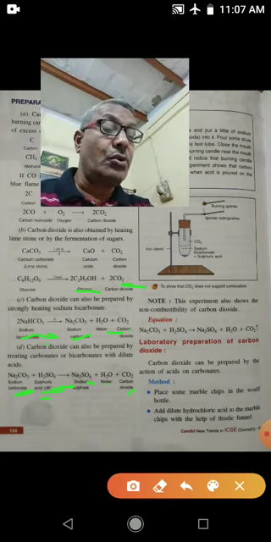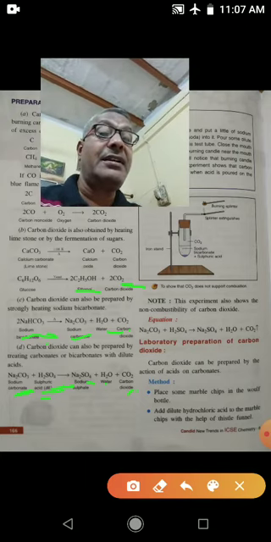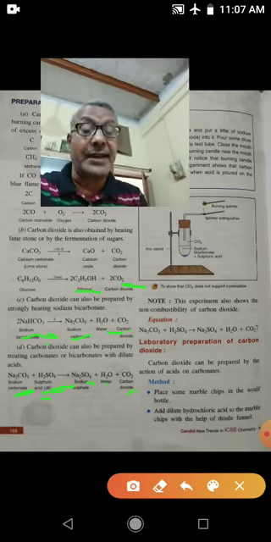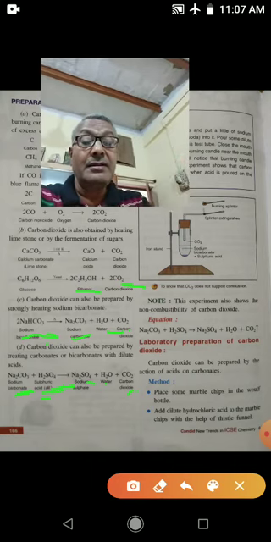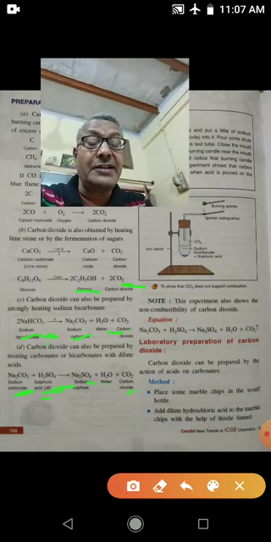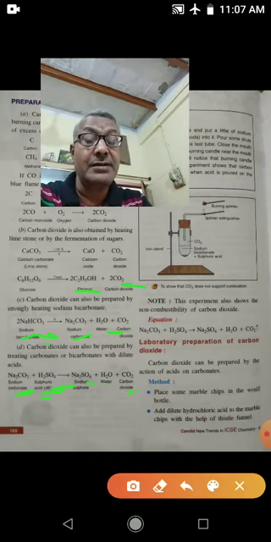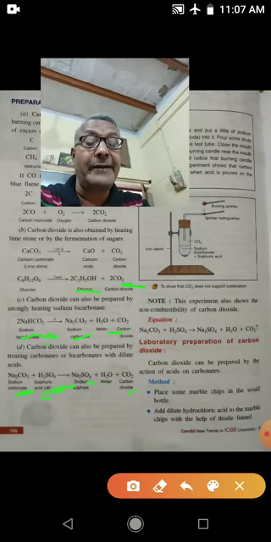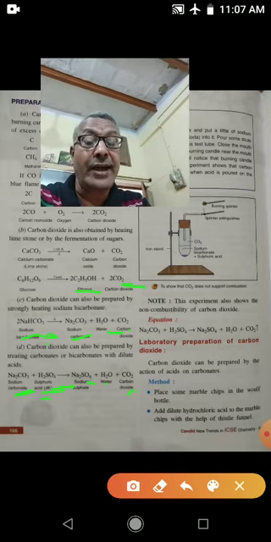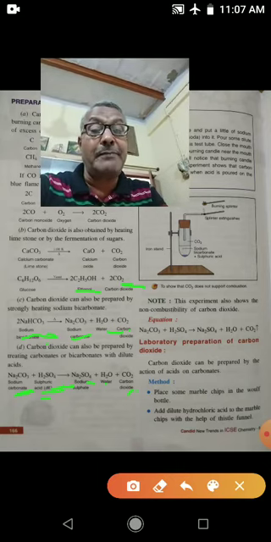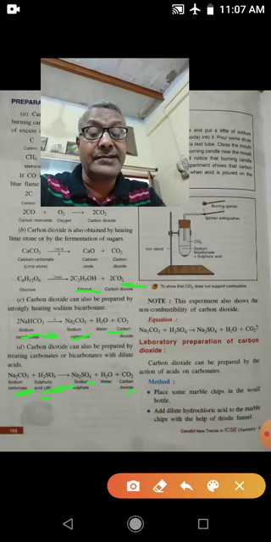So this I told various methods of preparation of carbon dioxide. I told carbon dioxide is prepared by burning coal or carbon. Carbon dioxide is prepared by burning hydrocarbon, that is methane. Carbon dioxide is prepared by burning carbon monoxide gas.